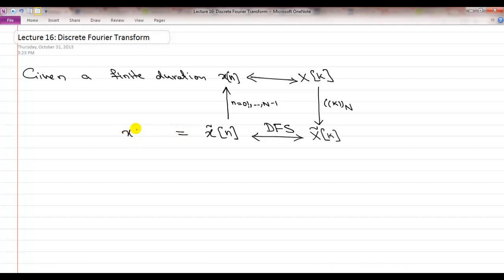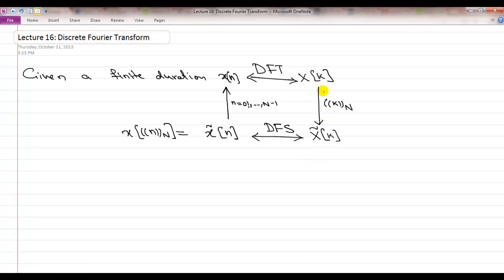And we can also write that as a periodic repetition. If the length of the sequence is less than N, the period of this x tilde of n is capital N. So that is the relationship. Whenever we have to compute or figure out any properties of the discrete Fourier transform, it's best if we keep this picture in mind.